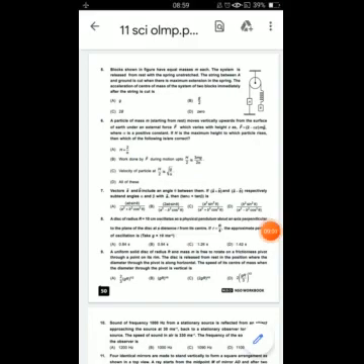In question number 6, the options are A, B, C and D. In A, h equals 2 by alpha. B, work done by F during the motion up to h by 2 is 3 mg by 2 alpha. Option C, velocity of the particle at h by 2 is root g by alpha, and option D is all of this.